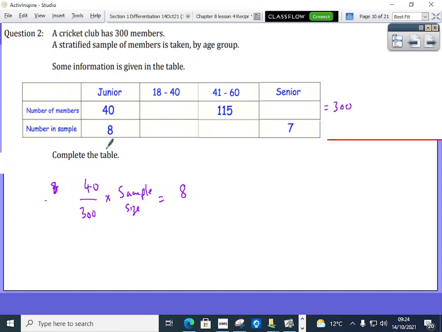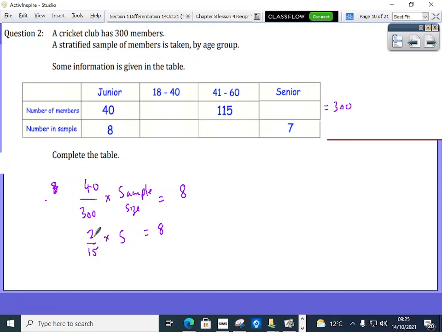So that's how you fill in that information first of all. If you've got 40 and you share it by 300, 40 divided by 300, you'll get 2/15ths. Because I need to find what the sample size is, I'm going to call this sample size S, and that's going to be 8.